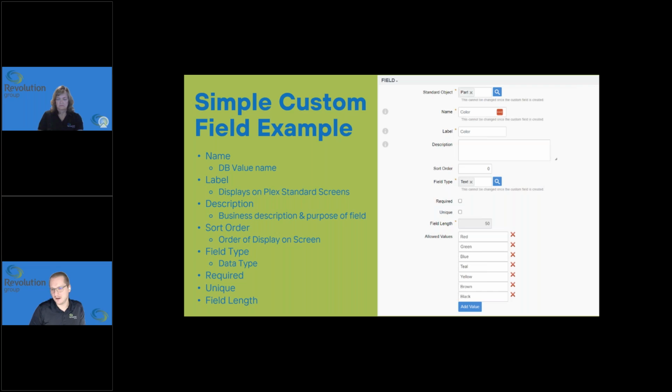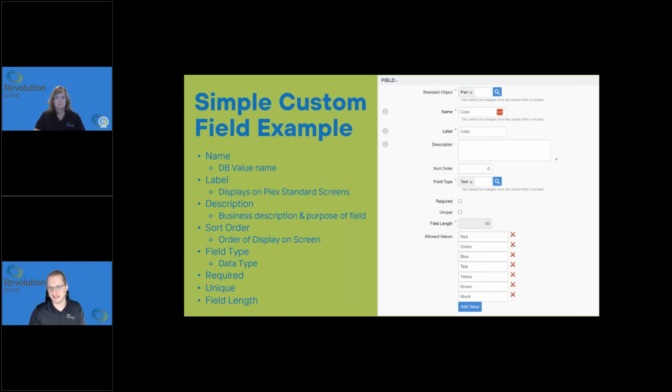So on the screen here, I have a standard object selected of part. And for this quick example, I set up a custom field called color. So I wanted to name that field, which the name on a custom field, think of it like a database field.